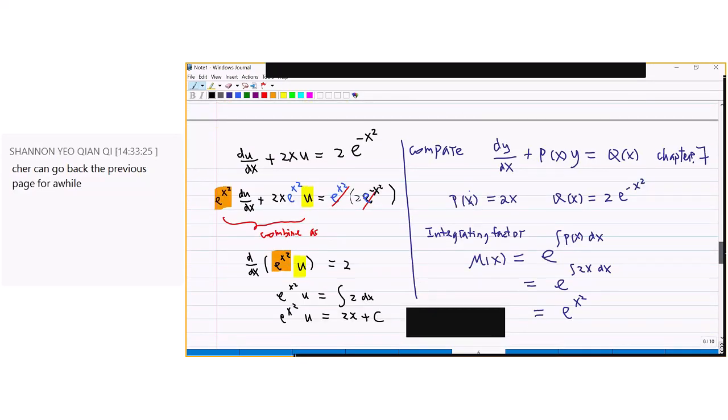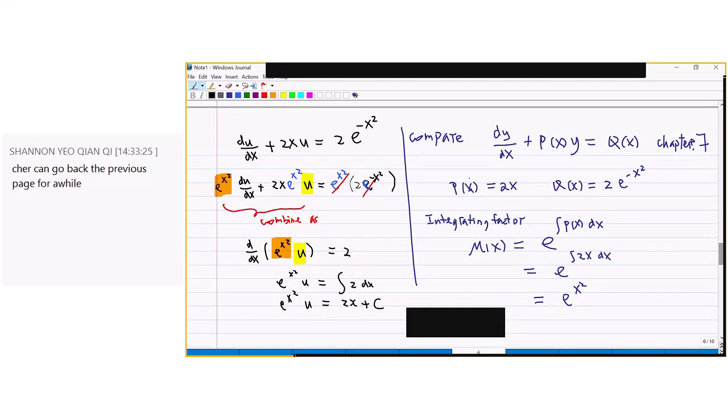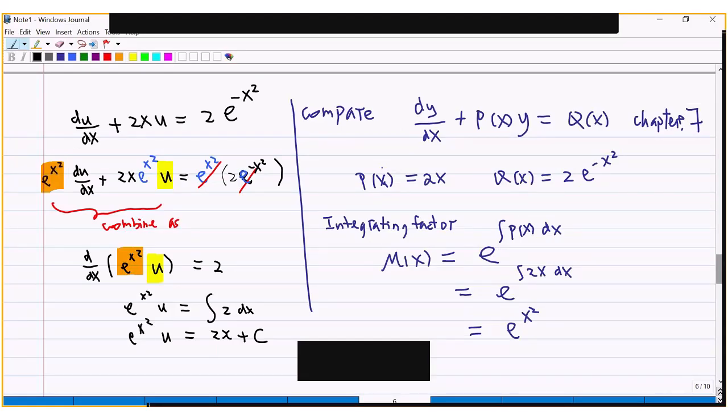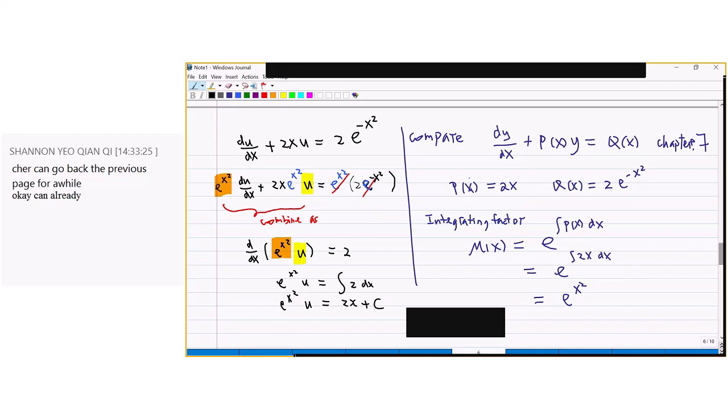This is the previous page here. Okay, anymore.